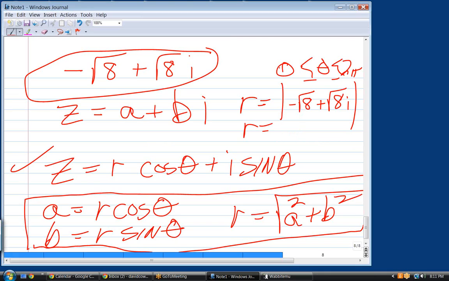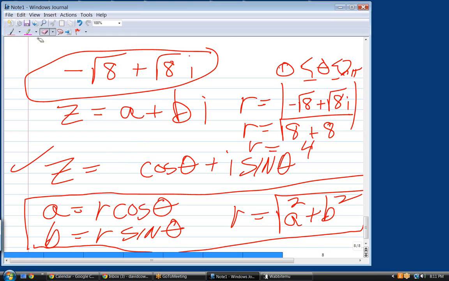We square that, and we square that, and we take the square root of those. So it's the square root of negative 8 squared, which is 8, plus just this part, which is another 8. So R is actually the square root of 16, which is 4. And that's all we need.